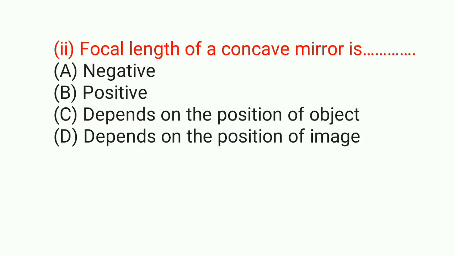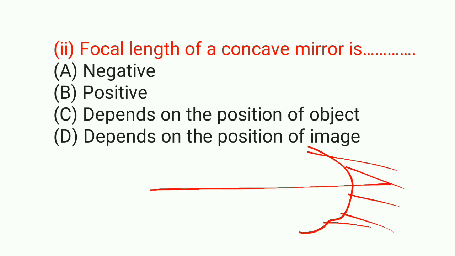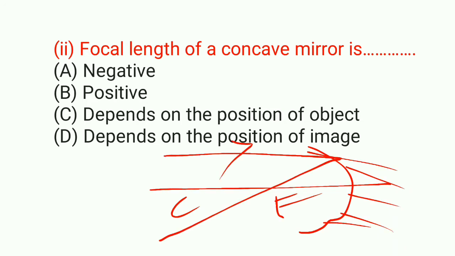Next question. Focal length of a concave mirror is. So here we have a concave mirror, with the focus and center of curvature. Let's suppose a ray of light is incident on the mirror, and after reflection it passes through the principal focus.